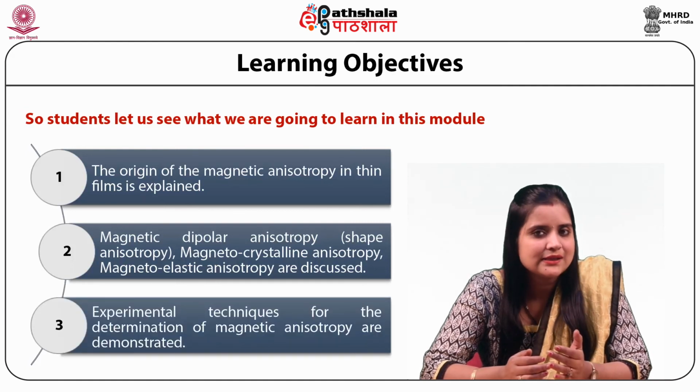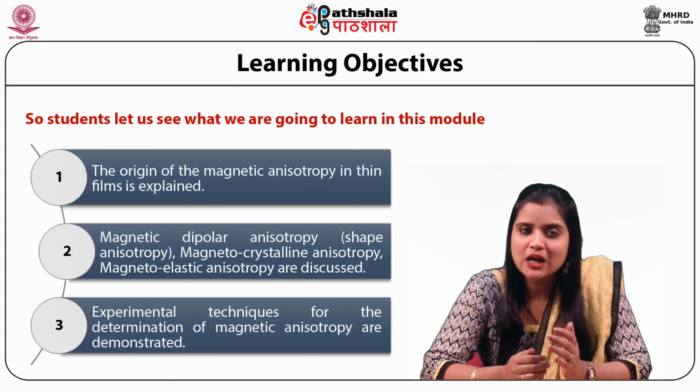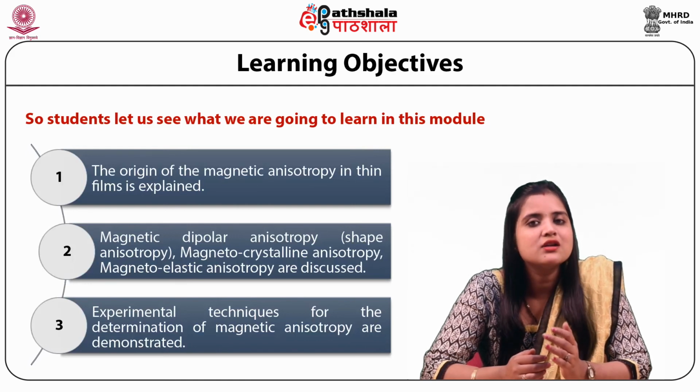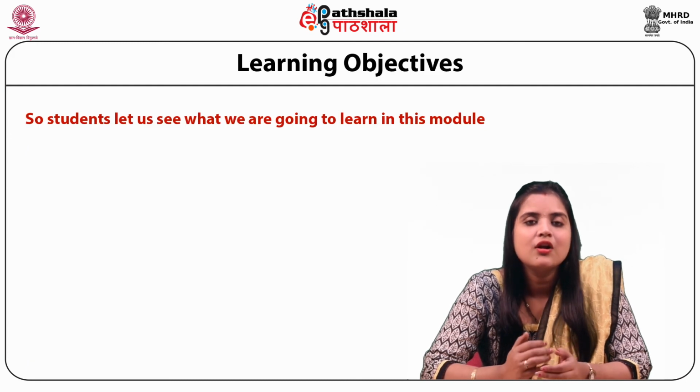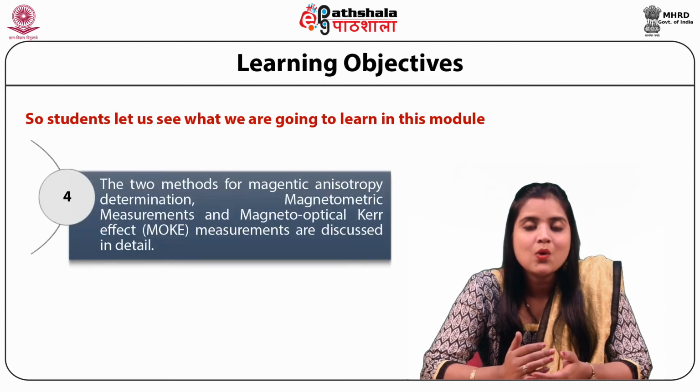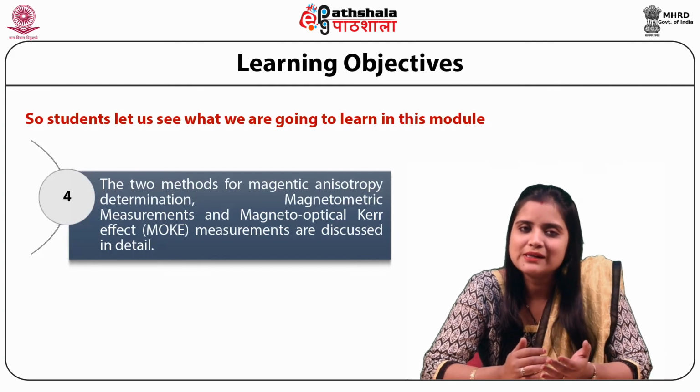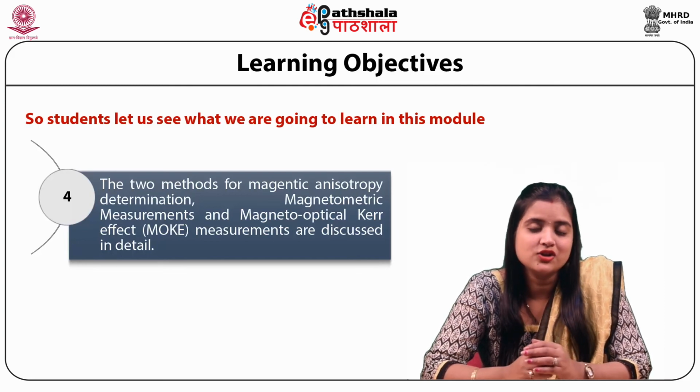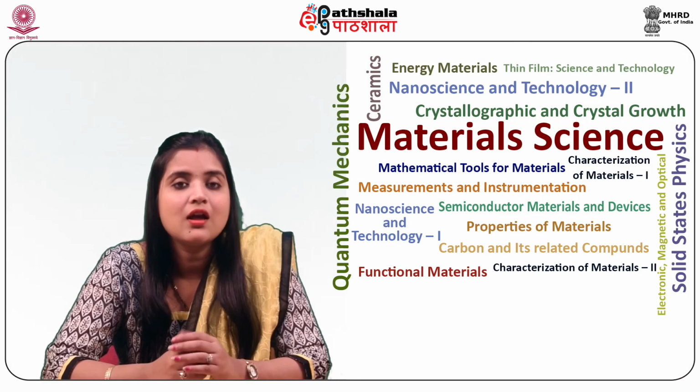Experimental techniques for the determination of magnetic anisotropy are demonstrated. The two methods for magnetic anisotropy determination, one is the magnetometric measurements and secondly the magneto-optical Kerr effect, which is MOKE measurements, are discussed in detail in the module.